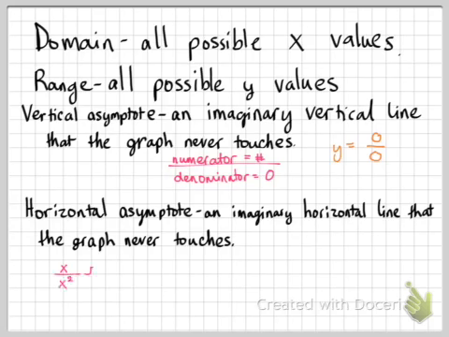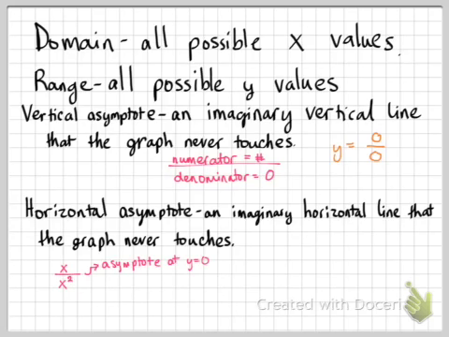Now, horizontal asymptotes are a little bit more involved. Notice how I wrote x divided by x squared. Let's think about what happens to that as x gets really, really big. As the numerator gets really, really huge, the denominator is getting squared, so it's going to be really, really huge.